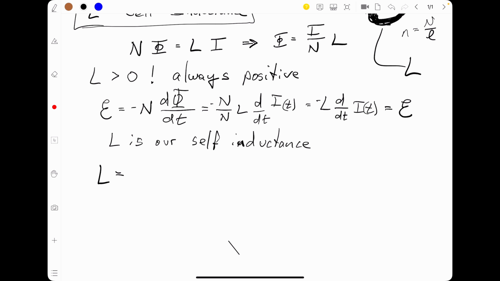So that's nice. Let's do that. If we take our EMF and we divide by the derivative with respect to time of our current going through our L, this isn't another current anywhere else. It's the current going through our loop.